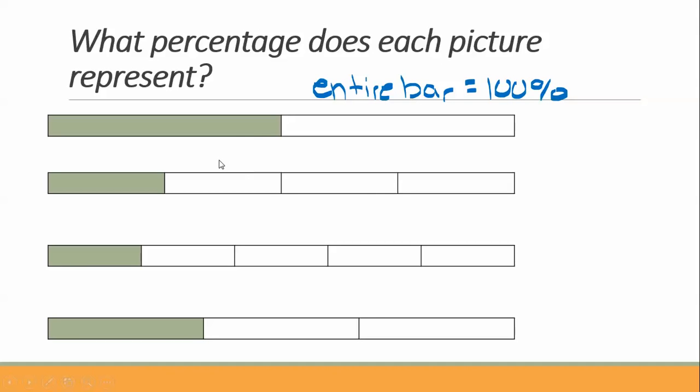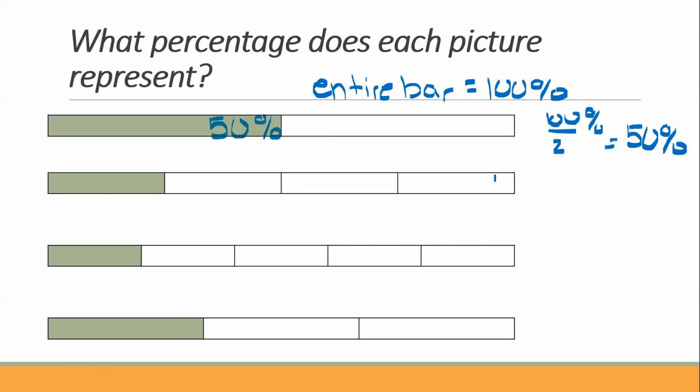So we have to determine what percentage of each bar is shaded. If we have 100%, and we're dividing it into 2, that's 50%. So when it's divided into 2, it's 50%.